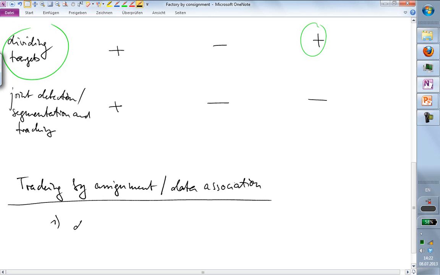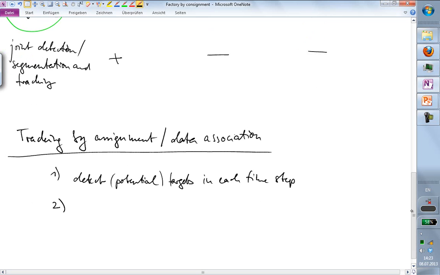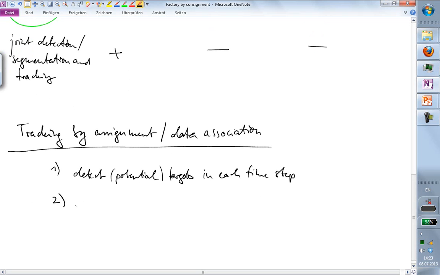So first, candidates for targets are detected in each time step. And then secondly, one tries to establish the correct correspondences between such target candidates.